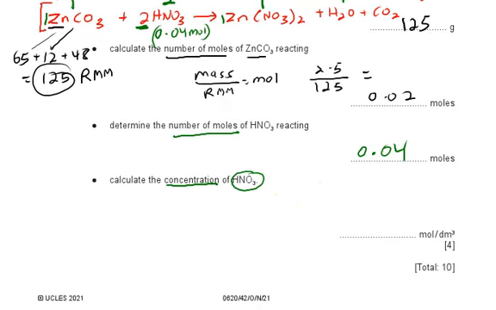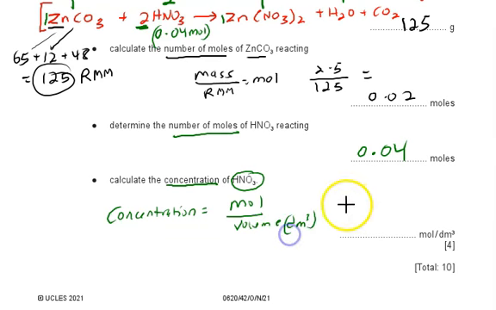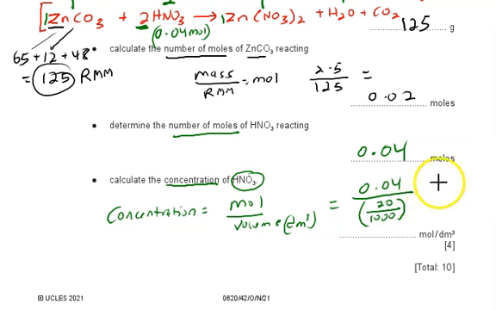So we can use concentration equals mole divided by volume, and make sure your volume must be in dm³. So the mole here is 0.04, the volume is 20 divided by 1000. We divide it first, and we will get the answer as 2 molarity. Okay, so you can simplify this as 2 M.